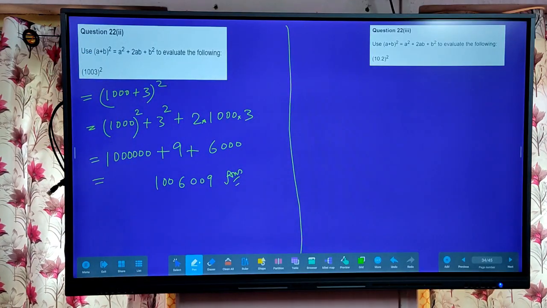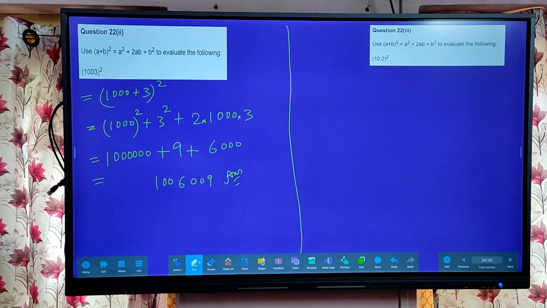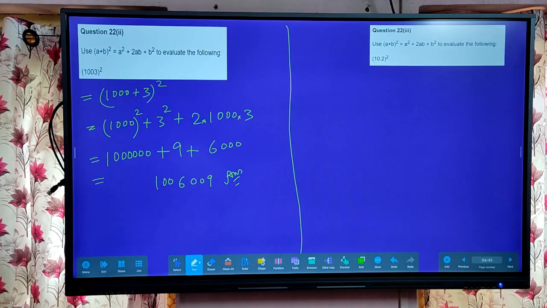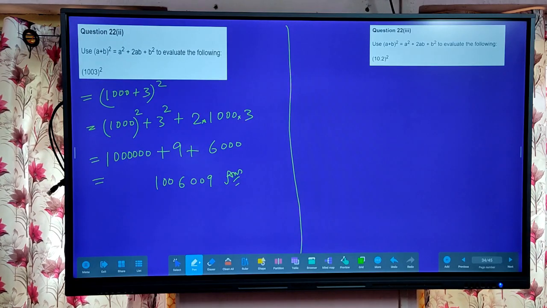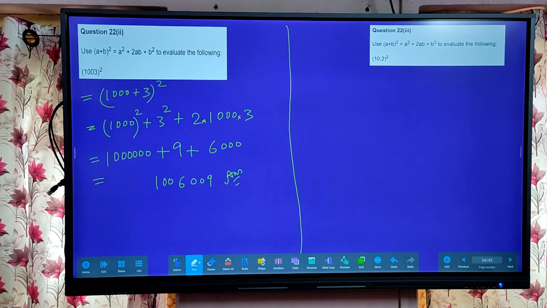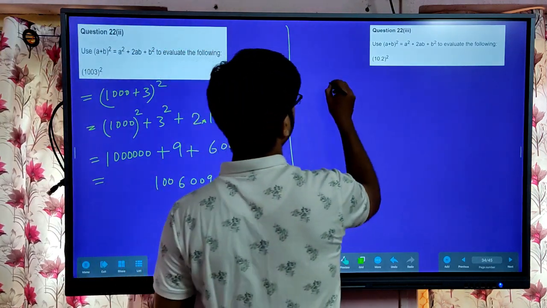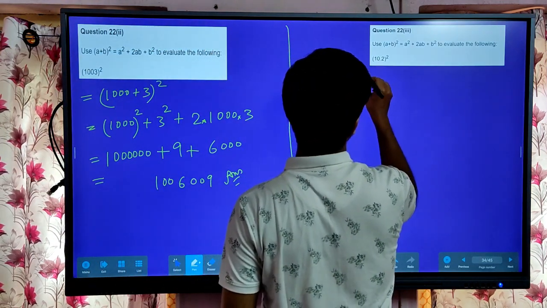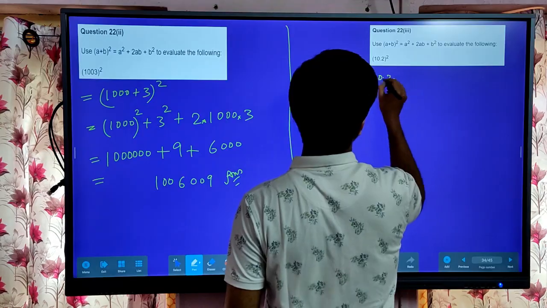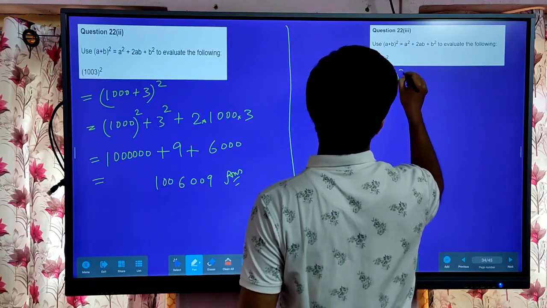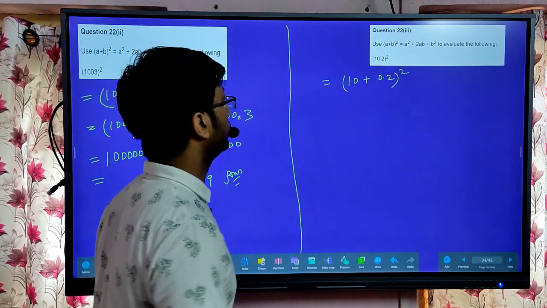Next question, 10.2. How will you do? 10.2 can be written as 10 plus 0.2. So your A is 10, B is 0.2.